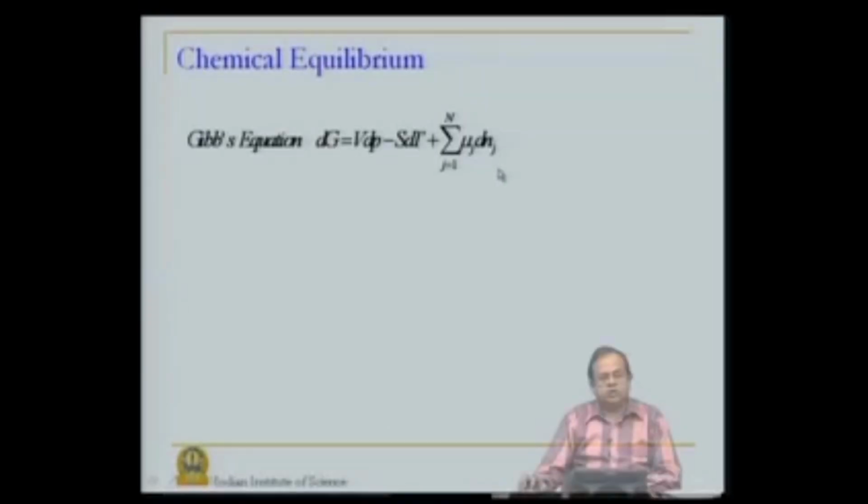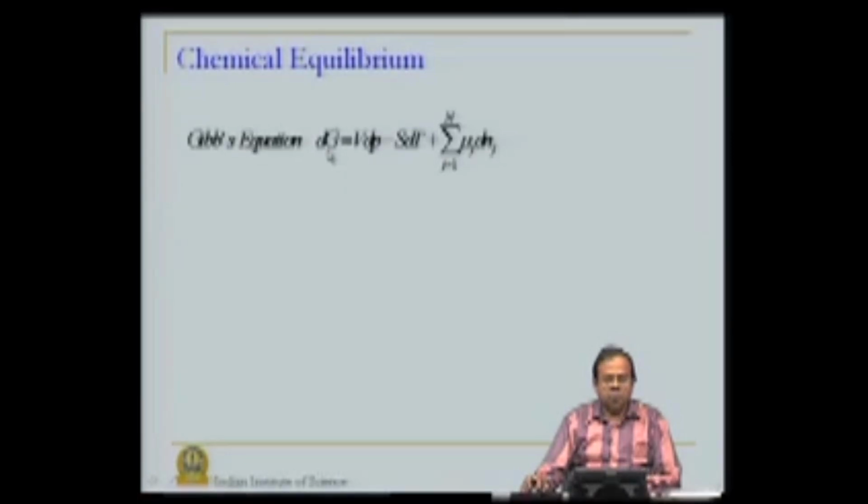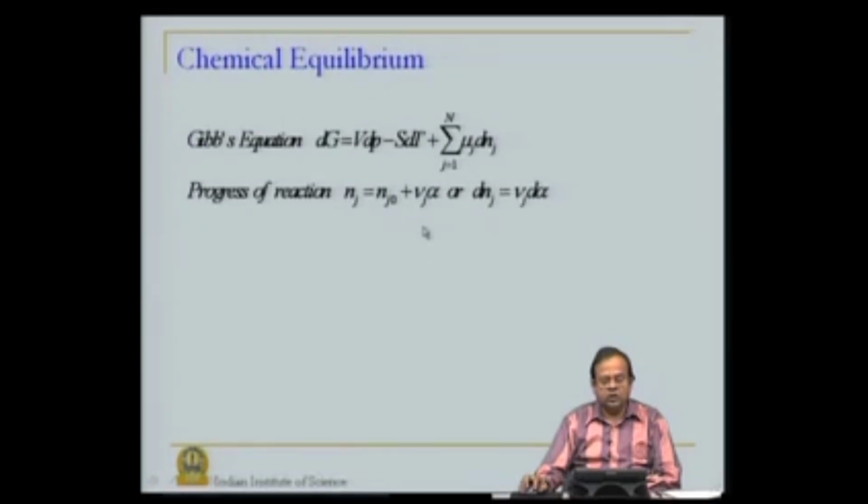So, let us come back to this Gibbs equation. Same equation, dG equal to V dP minus S dT plus summation mu j dNj, j going from 1 to n, that is all species put together. Now, from our last discussion of the stoichiometry of the reaction, we know we have a measure to monitor the progress of reaction, namely the extent of reaction.